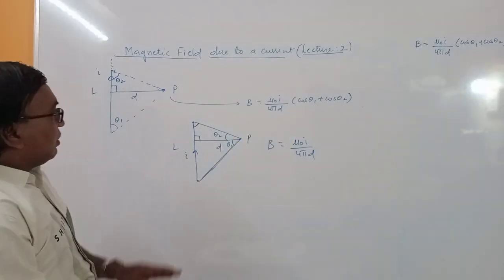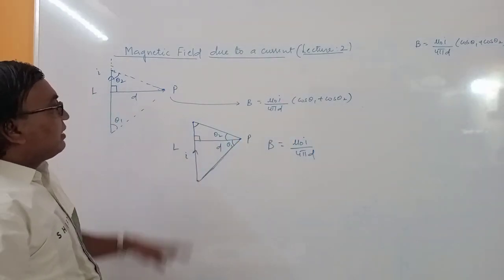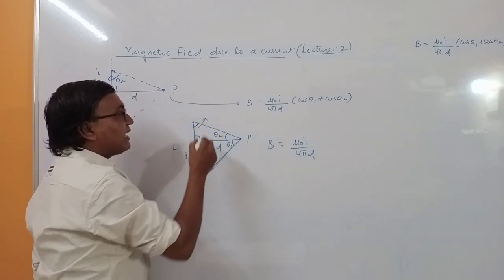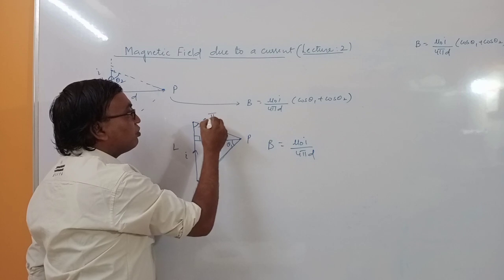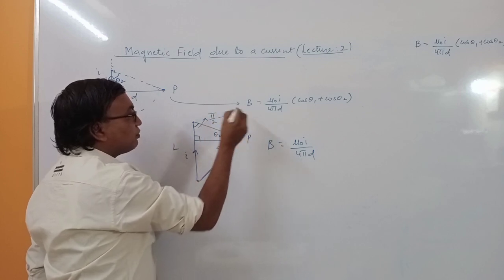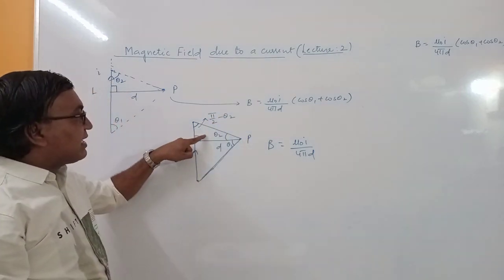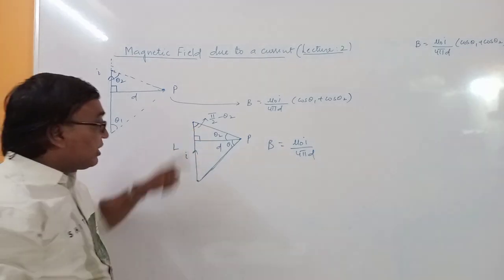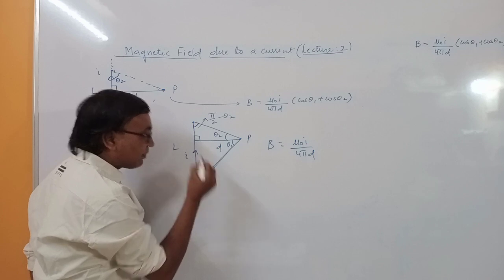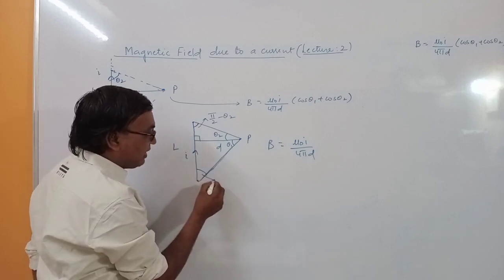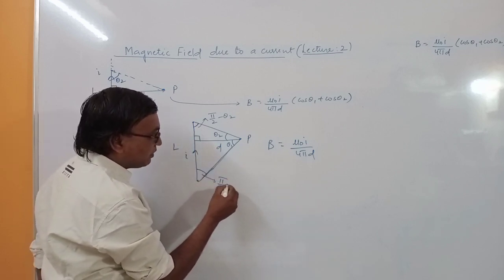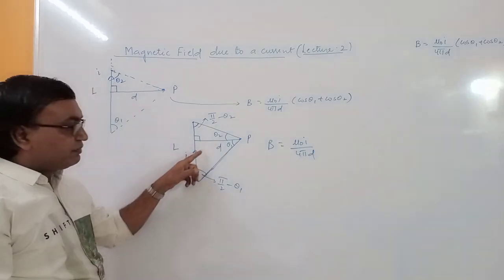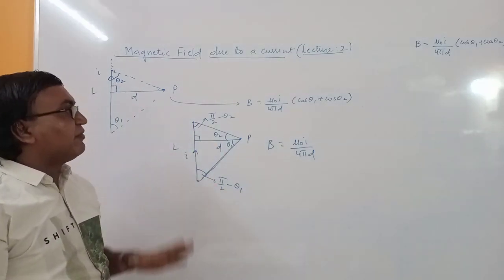Now this is theta 2, but we need this angle, so this angle will be pi by 2 minus theta 2, because this is a right angle triangle, 90 degrees, theta 2, so this angle is 90 minus theta 2. Similarly this angle will be pi by 2 minus theta 1. Again this is a right angle triangle, so 90 minus theta 1.